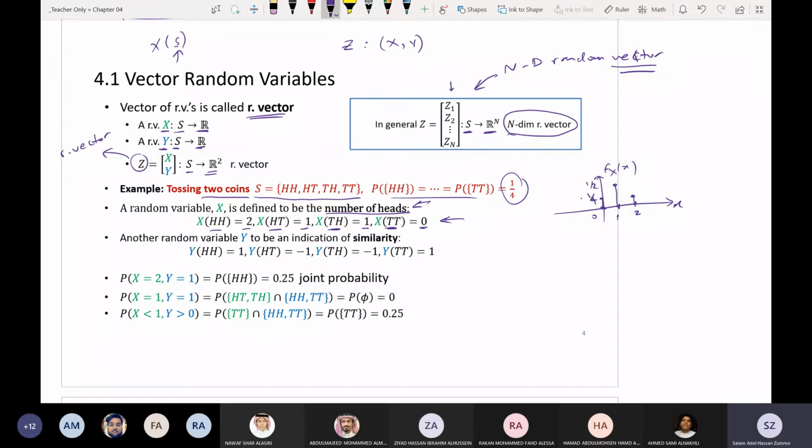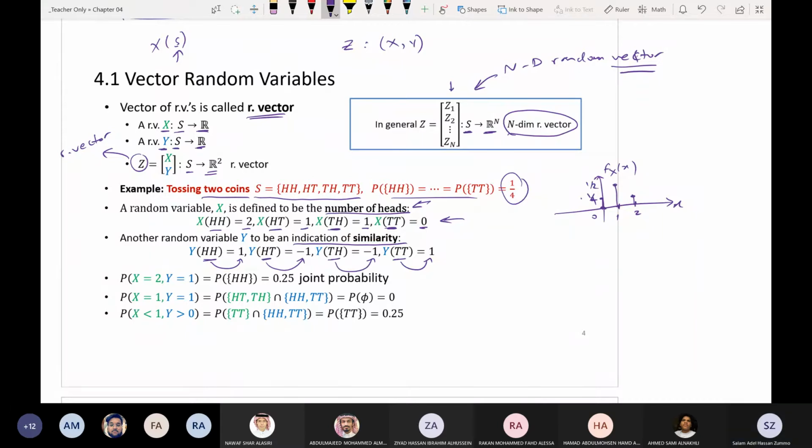Now we can define another random variable Y, which is the indication of similarity. What does similarity mean? If you have 2 heads, you map it into 1. And 2 tails, you map it into 1. So they are similar. The outcomes of the 2 coins are similar. Or you can say if the outcomes are different, I map it into -1.